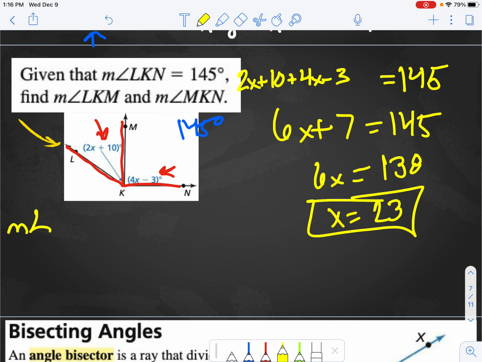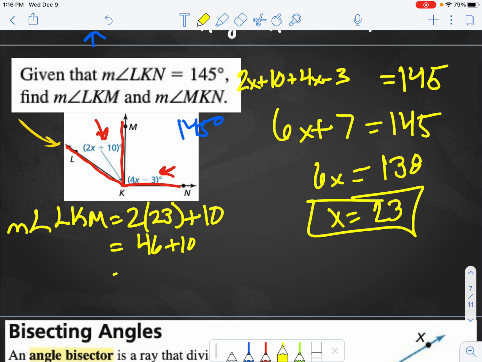So if we want to find the measure of angle LKM, this would be 2 times 23 plus 10. 2 times 23 would give me 46, plus 10 would give me 56. I'm going to write x equals 23 up there so I don't forget.